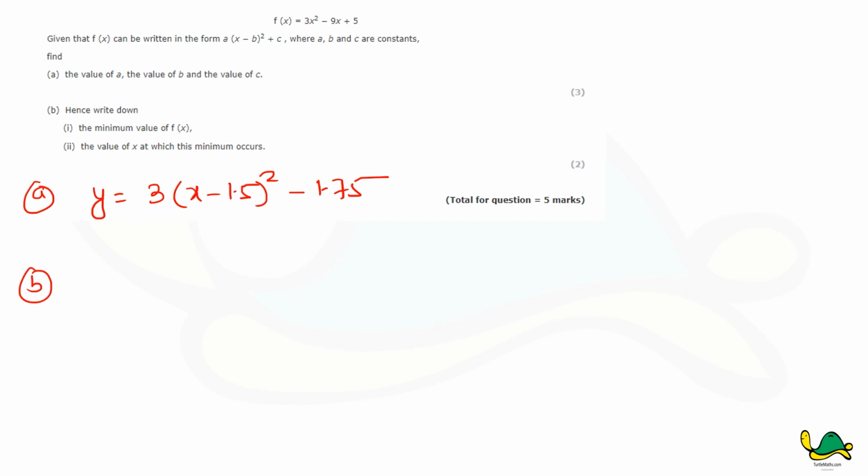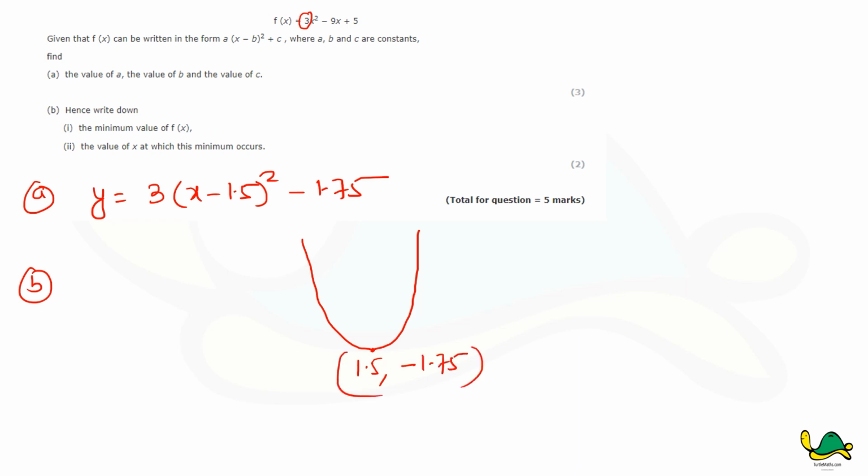I'm going to plot the graph in order to demonstrate what the minimum value will look like. Here you can see the coefficient of x² is positive, so I will have a concave up parabola, and the coordinates of the vertex are going to be (1.5, −1.75).